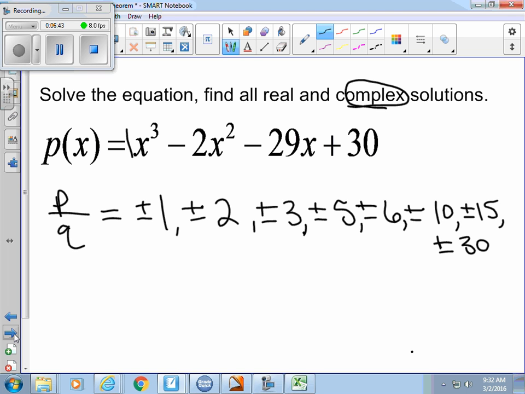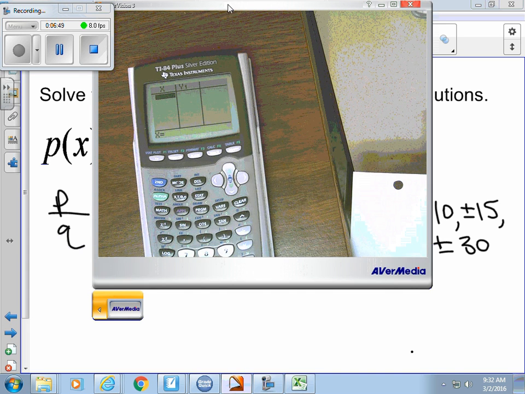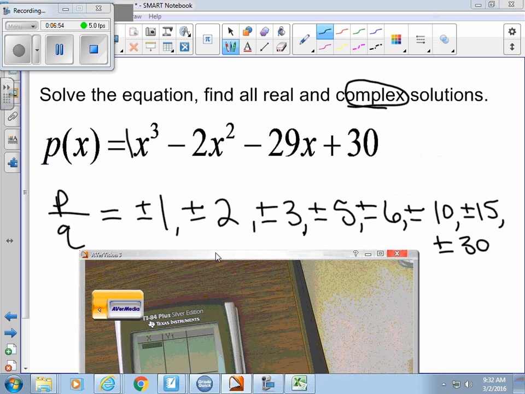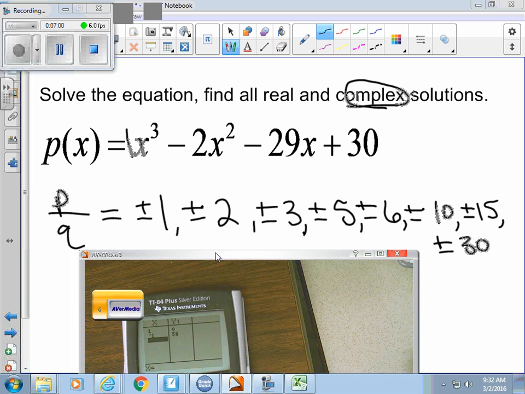Okay, so I'm going to type those in my table. So here's what I'm doing. 1, -1. Any of those work so far? 1 works. Okay. 2, -2. 3, -3. I can go as far as I want. I will tell you, having one of them is enough for me to answer the question, because I could divide it out.